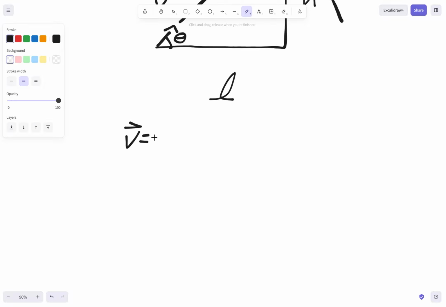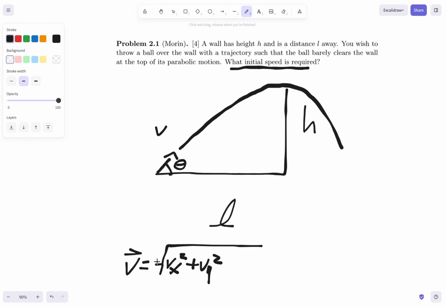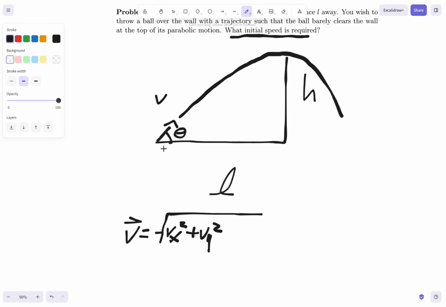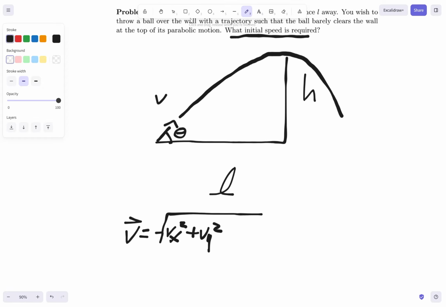So what I'm thinking is we just do the vector equation, right? I feel like it'd work out. V as a vector, plus square root Vx squared plus Vy squared. I think that would work because it would give you the initial speed as a vector, which is exactly what you want. And you could fulfill the two conditions: it must move a distance L and it must go a height h using these parameters.